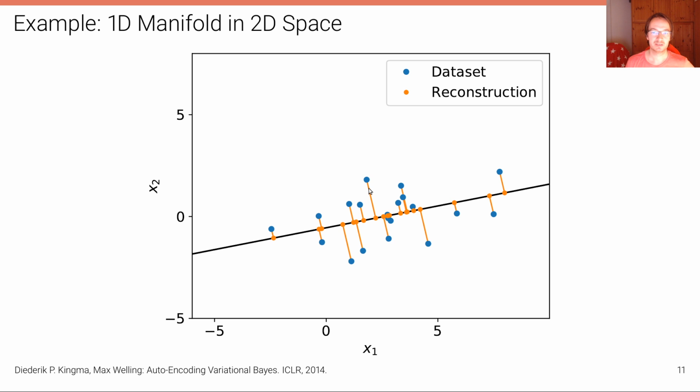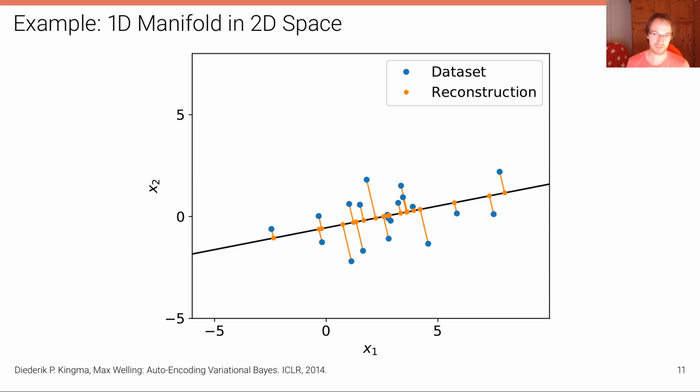So these orange lines here are minimized. There's no line that you could think of, no black line, no manifold that could give you smaller reconstruction error than this particular line that goes exactly through these points and aligns with the direction of the largest variance.